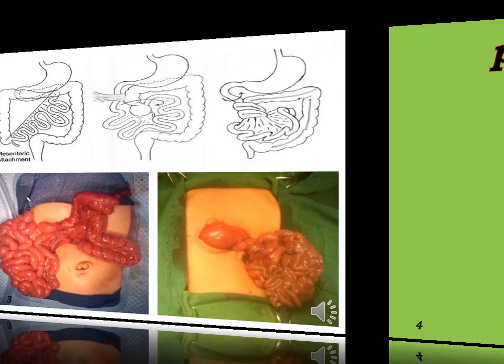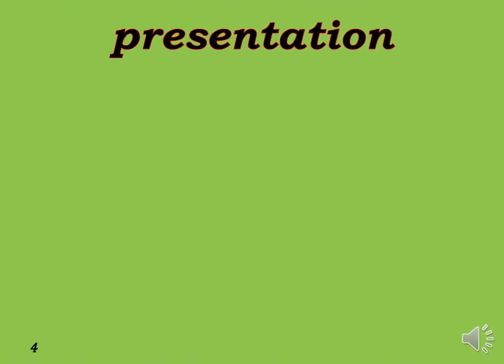Presentation of malrotation of midgut. Either it will present with volvulus, which we call volvulus neonatorum, which is a top emergency. We have to explore the baby immediately without waiting, even without sending the baby for investigation, because of the delay in the surgical intervention.